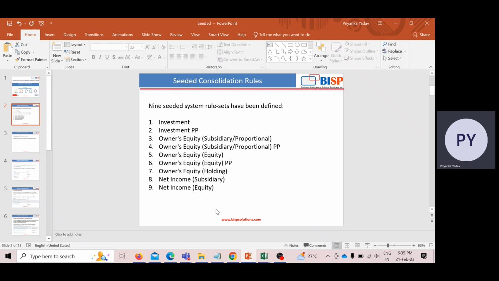So I have already shown you all these 9 rules in the application. The first 6 rules provide adjustment or elimination entries between the investment of a holding company in a subsidiary and the owner's equity of the owned company.